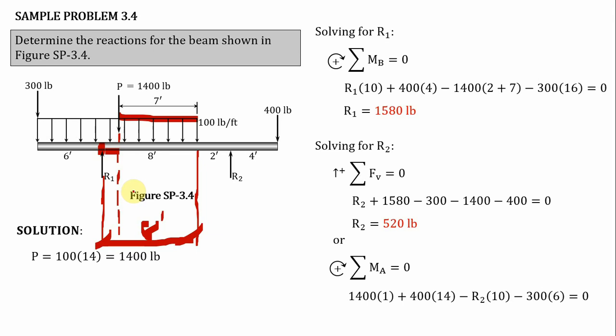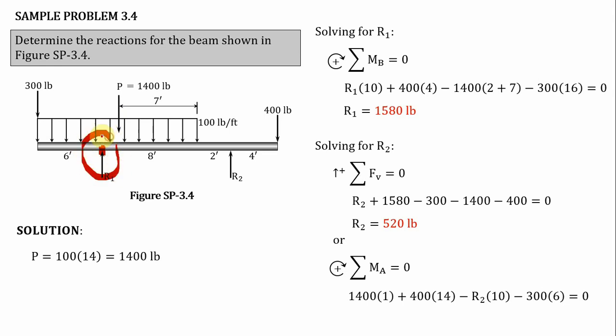By the way, class, the rotation produced by the 1,400 pounds is a clockwise moment. So that's why it is positive: positive 1,400 times the moment arm, which is equivalent to 1 foot. Okay, next is the 400 pounds.